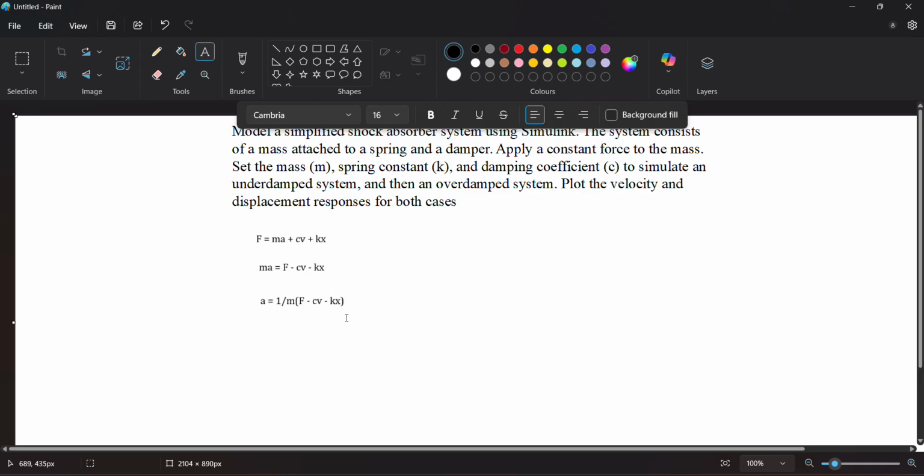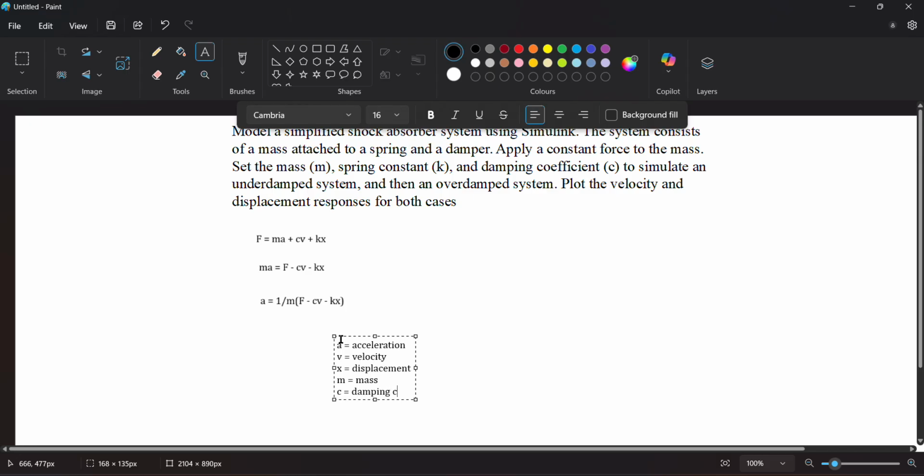So in this equation, a is the acceleration and v is the velocity. x is the displacement. And the other components: m is a constant which is the mass, c is the damping coefficient.